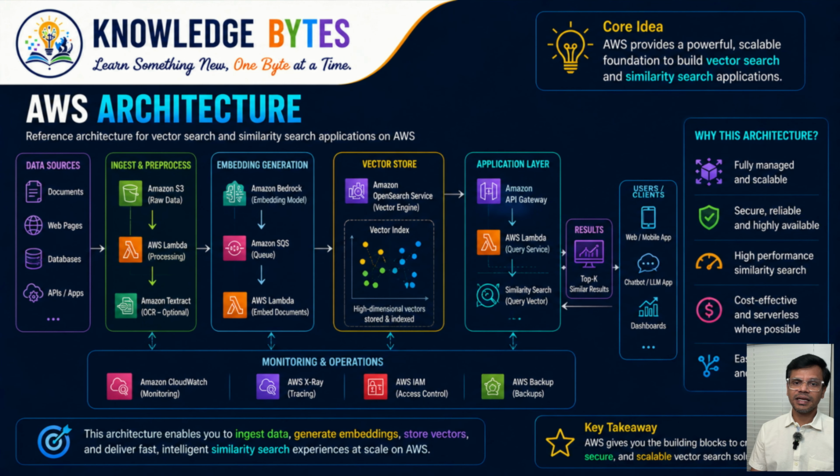So let's understand the AWS architecture level. Let's see how all this works on AWS. Your documents are first stored in Amazon S3, and embedding models such as one available through Amazon Bedrock convert those documents into embeddings. Those embeddings are stored in Amazon OpenSearch Service using a vector index.